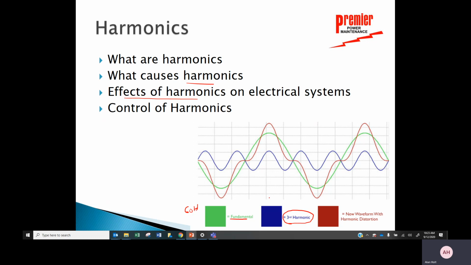This is the green waveform, and this is what we've added to that green waveform. Effectively, what we end up with is this reddish brown waveform, which looks nothing like the perfect sinusoidal waveform that we really want in our world. Because of that, we end up with various problems on our electrical systems. Some of them are quite serious.